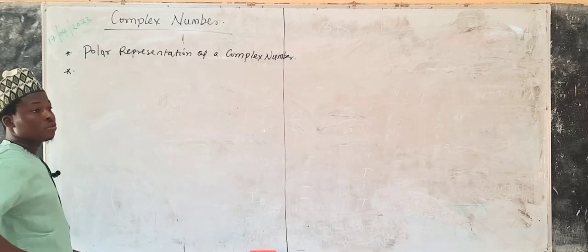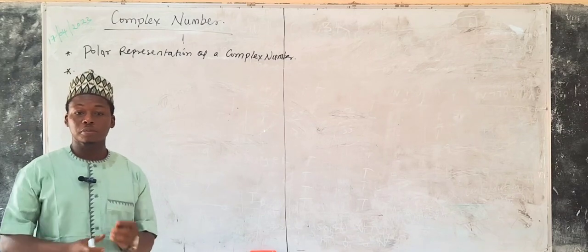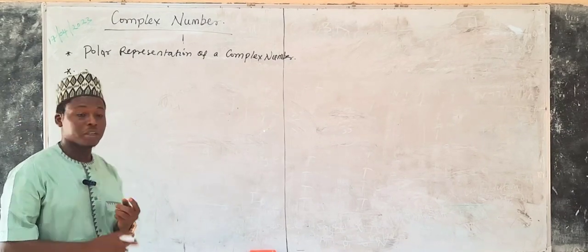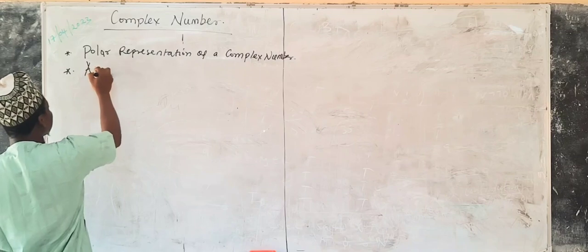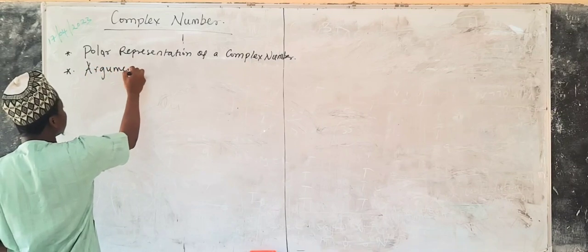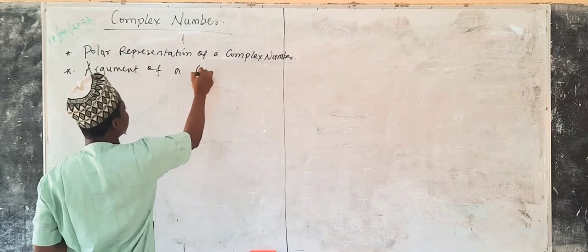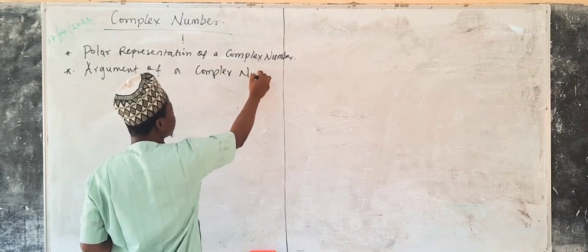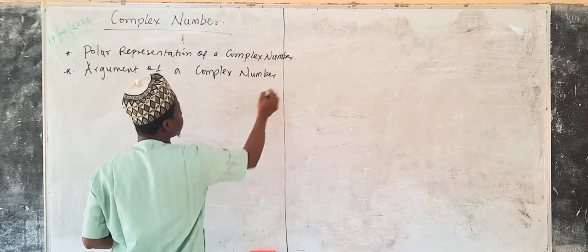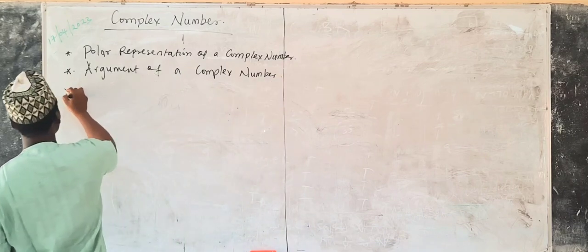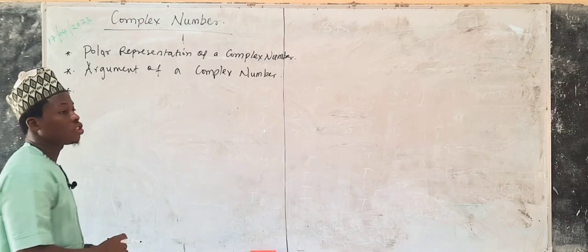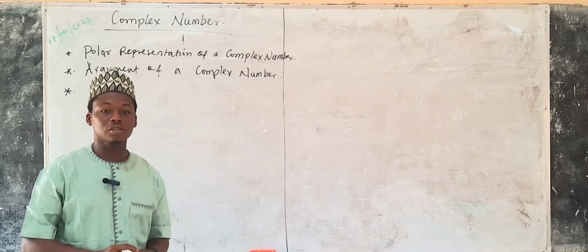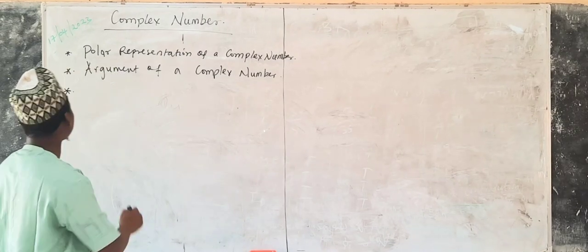Second, we'll be talking about the argument of a complex number. Thirdly, we'll be talking about De Moivre's theorem.